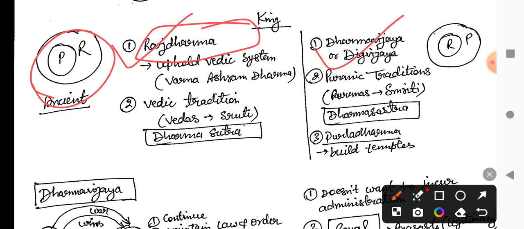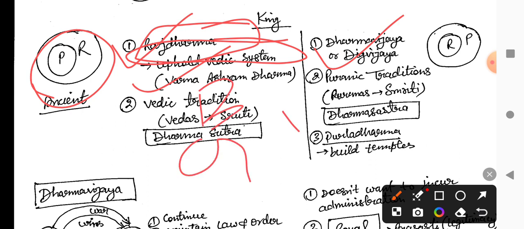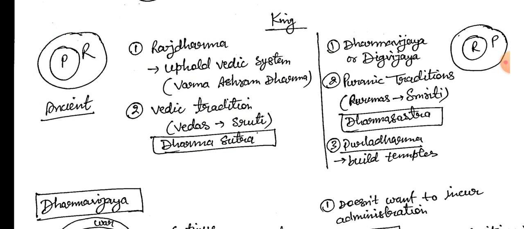Raj Dharma means upholding the Vedic system, and in the Vedic system there was Varna Ashram Dharma. We have discussed this: Brahmacharya, Grihastha, Vanaprastha and Sannyas. These are the features of Varna Ashram Dharma.